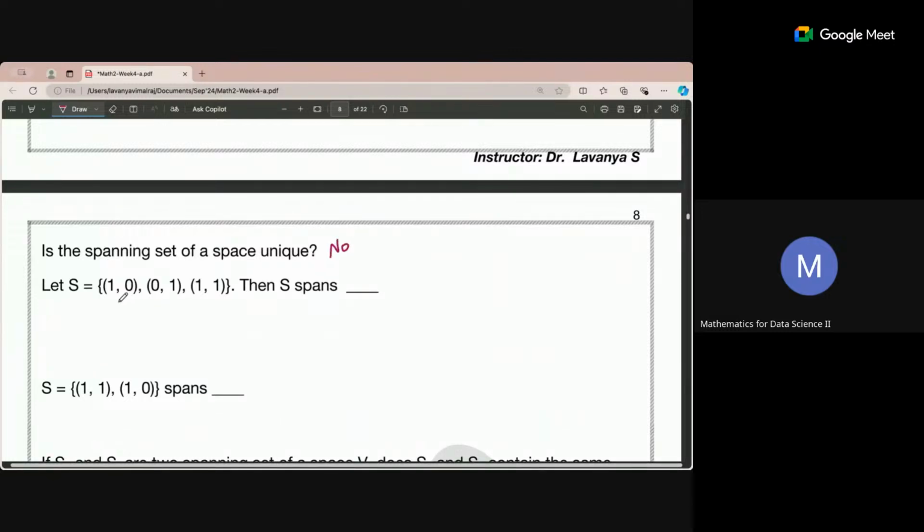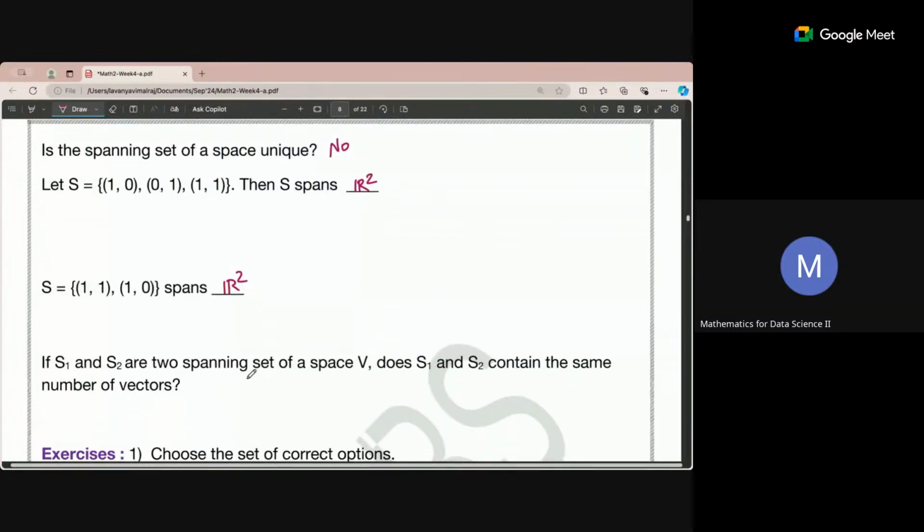Let S be equal to {(1,0),(0,1),(1,1)}. Then S spans R2. If S is equal to {(1,1),(1,0)}, then S spans R2. Right? If S1 and S2 are two spanning sets of a vector space V, do S1 and S2 contain the same number of vectors?